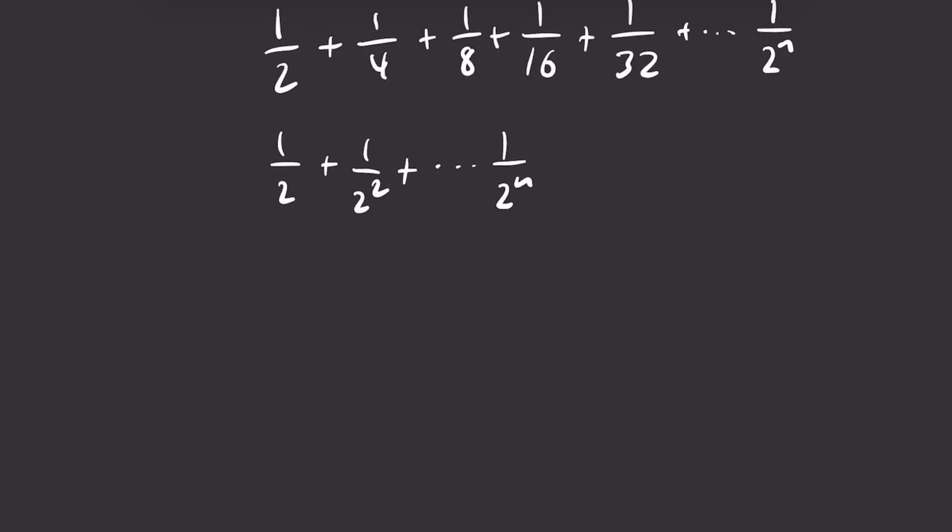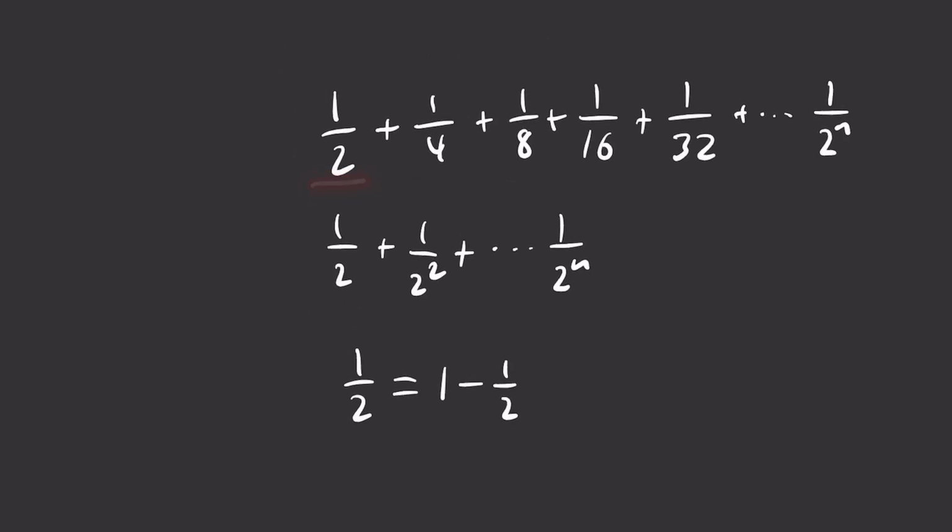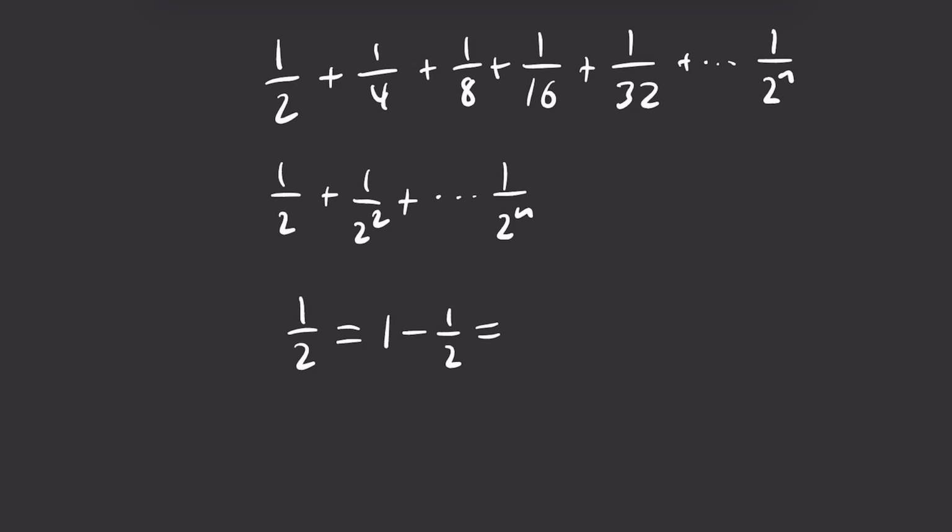Well, I'll begin by rewriting 1/2 as 1 minus 1/2, because notice that if I just have this first part, I can write it as 1 minus that first part. That might seem like an obvious thing, but what I can do now is split up that 1/2 into 2 quarters.